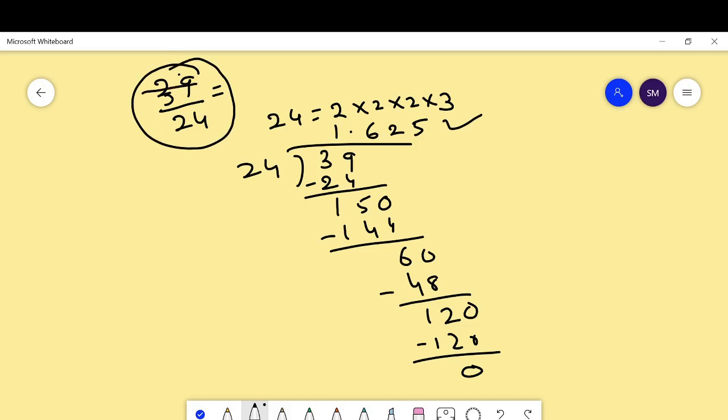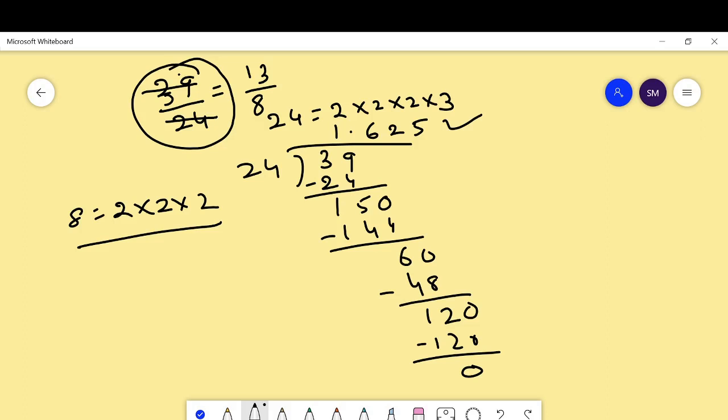Then divide it by 3. This is actually 13 upon 8. Then here 8 is equal to 2 into 2 into 2. Here 8 has the factors of only 2. Yes, this is terminating. When any fraction or rational number is given and you have to convert it into decimal, at first look whether this is in lowest terms or not.